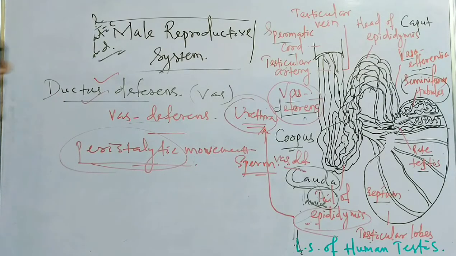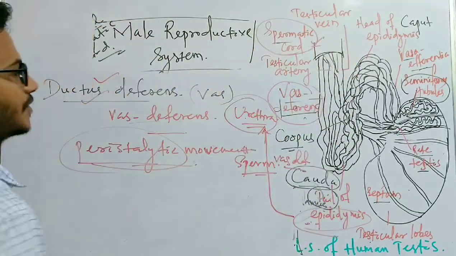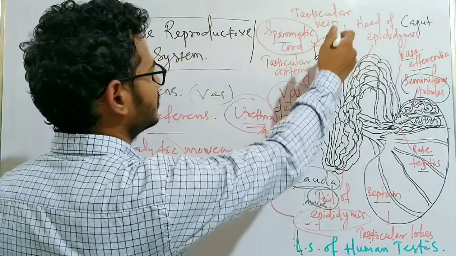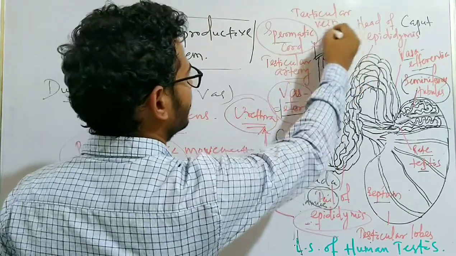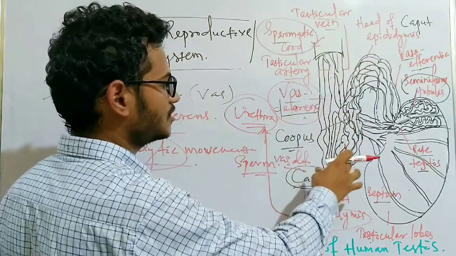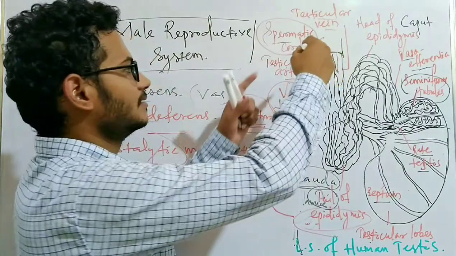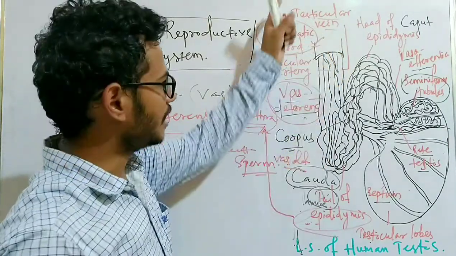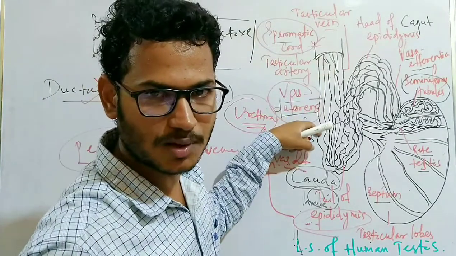Next is the spermatic cord. Here it is the spermatic cord from which the testicular artery, testicular vein and vas deferens come down to the scrotum. So the spermatic cord is the connection between the abdominal cavity upward and the scrotum downward.